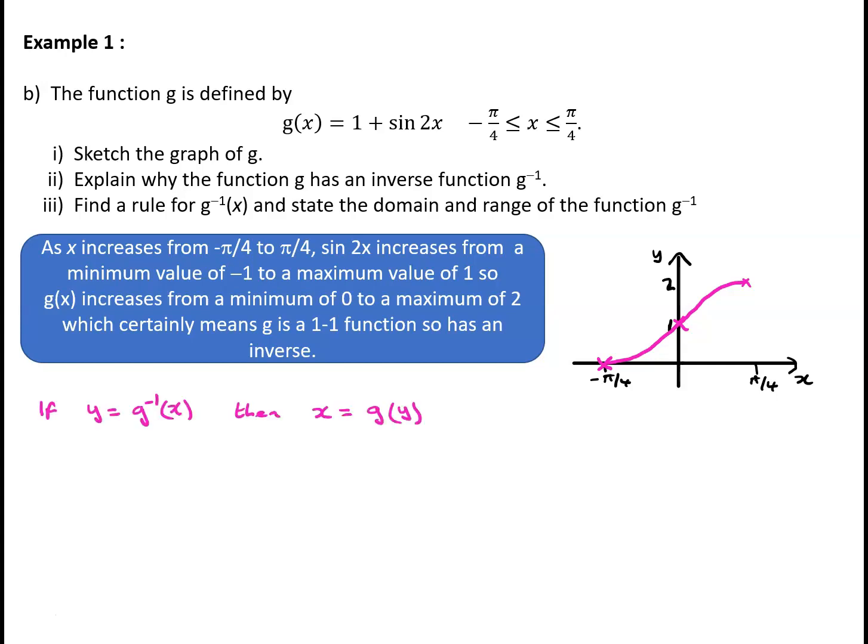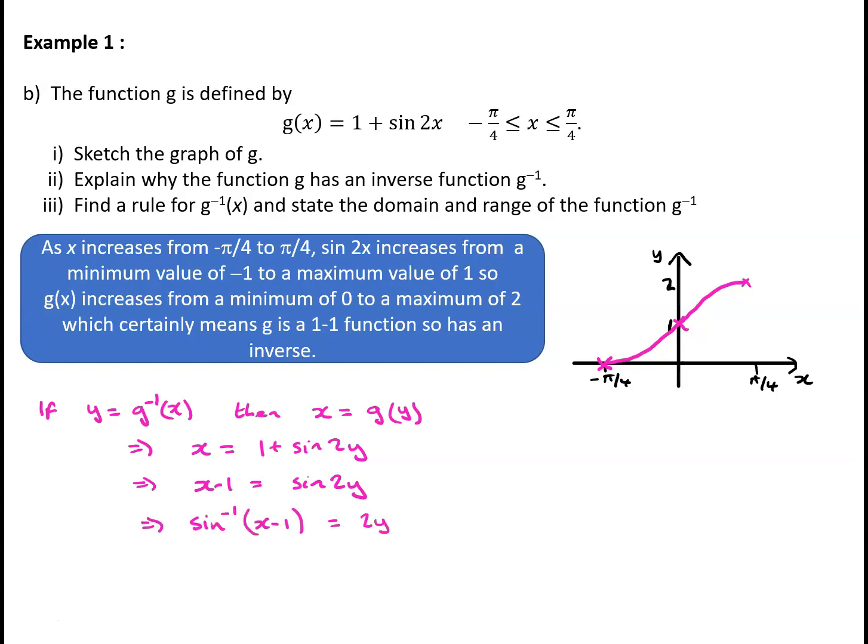If y is g inverse of x, then x must equal g of y. In other words, we've got x must equal 1 plus sine 2y, which gives me x minus 1 must be sine 2y.